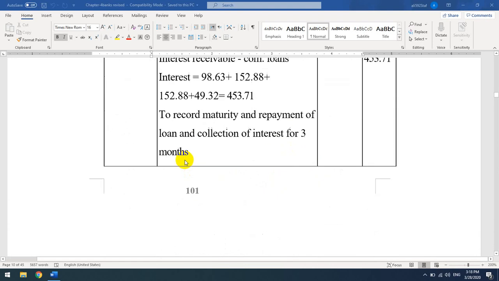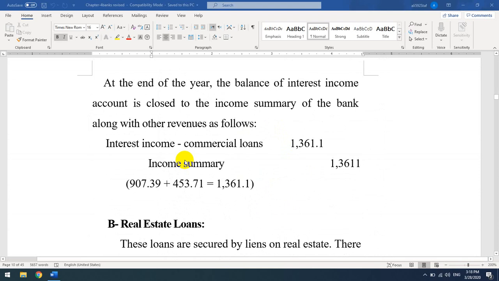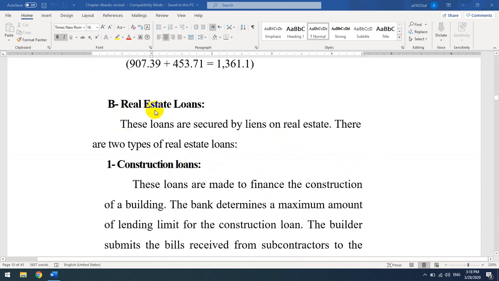Today, inshallah, we will talk about the second type of loans, which is real estate loans. Real estate loans are usually secured by liens on real estate, and we have two types of real estate loans.